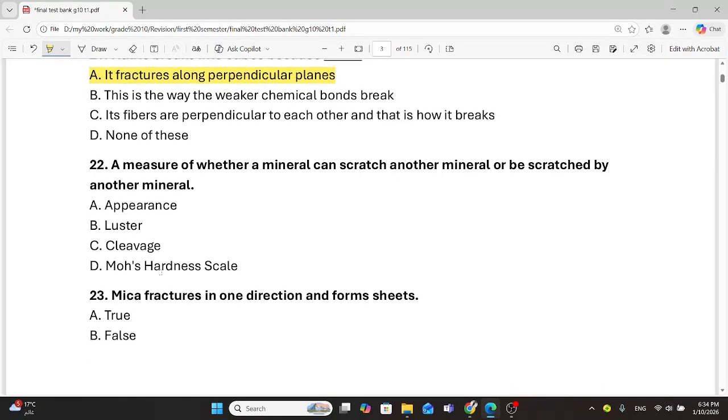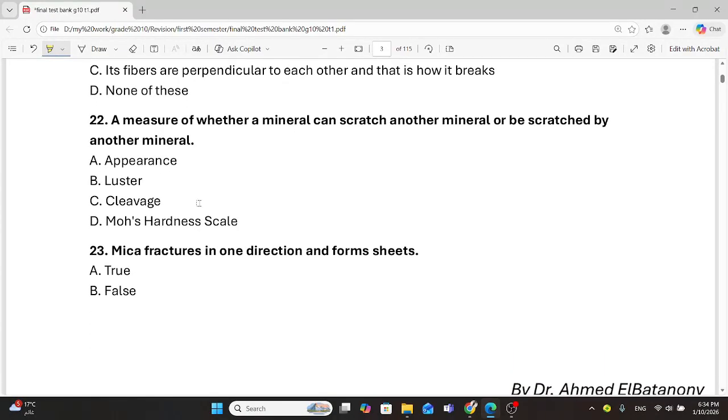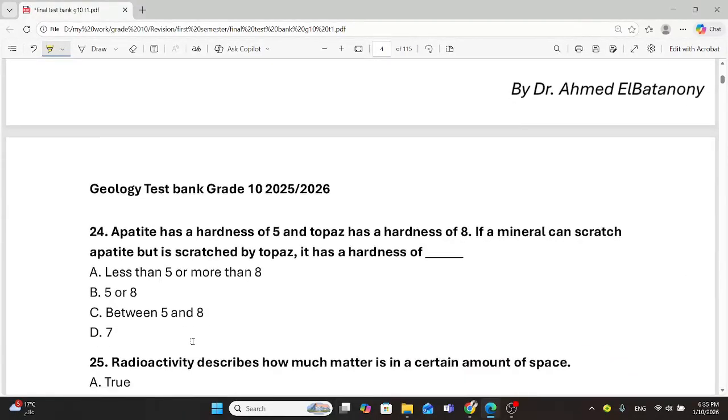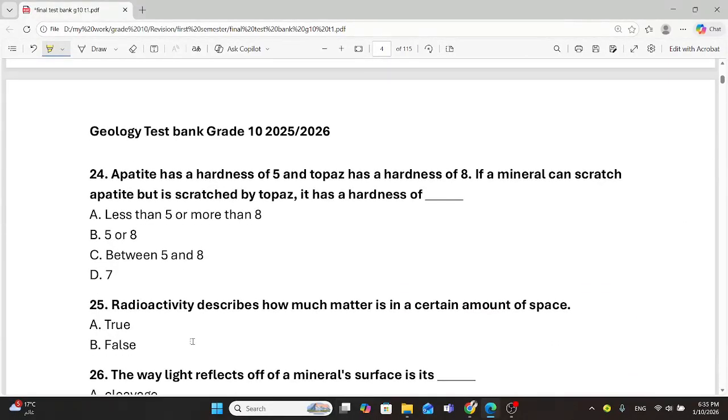طيب a measure of whether a mineral can scratch another mineral or be scratched by another mineral هتبقى المو hardness scale. طيب المايكا fracture in one direction بتنكسر in one direction and forms sheets طبعا two. طيب الابيتايت has a hardness of 5 and topaz has a hardness of 8.